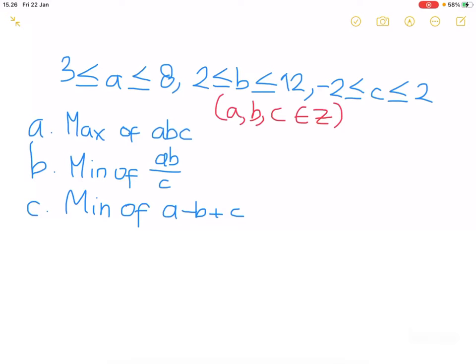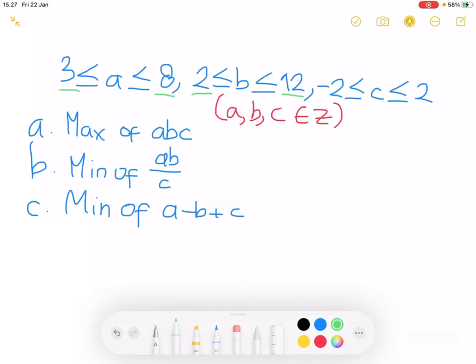Alright, for the last example, instead of 2 variables, we have 3 variables right here. So A is between 3 and 8, including 3 and 8. B is between 2 and 12, including 2 and 12. C is between -2 and 2, including -2 and 2.